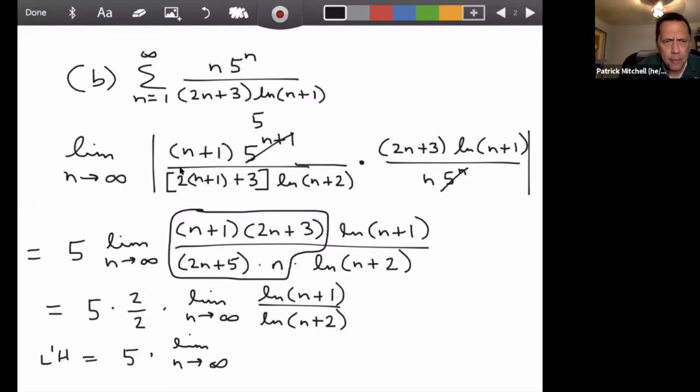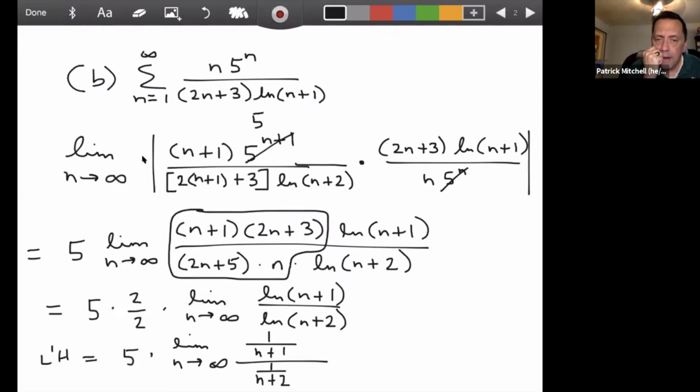And I think sometime a while back, I mentioned that that was something I didn't really like to do because n is not a continuous variable. But I am going to just suck it up and do it. I don't feel like writing an extra step to change the variable to x. So the derivative of natural log n plus 1 is 1 over n plus 1. The derivative of natural log n plus 2 is 1 over n plus 2. Now there is a chain rule issue there that I'm kind of glossing over. The derivative of n plus 1 and the derivative of n plus 2 are both 1.